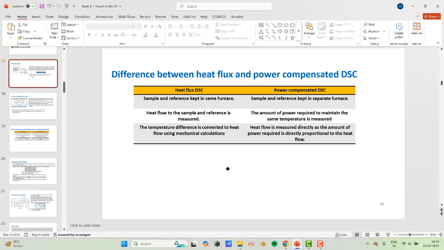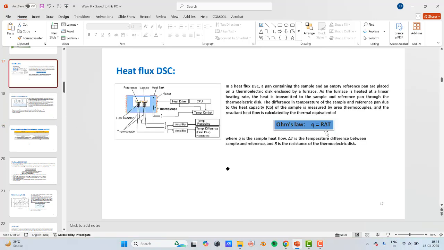As you can see in this formula, the temperature difference is what we measure, and R is the resistance, which is normally known. So we can calculate the heat flow from the sample. The sample and reference are kept in the same furnace, and we check the temperature difference, because the reference is normally an empty pan and the sample temperature difference is what we analyze.